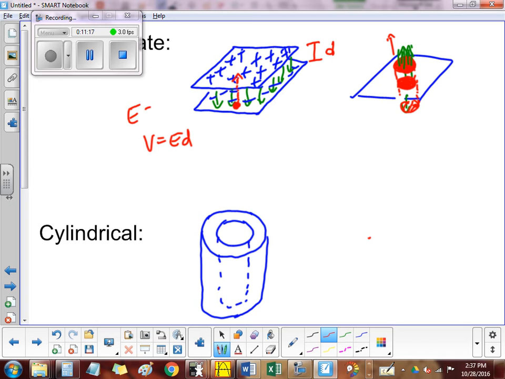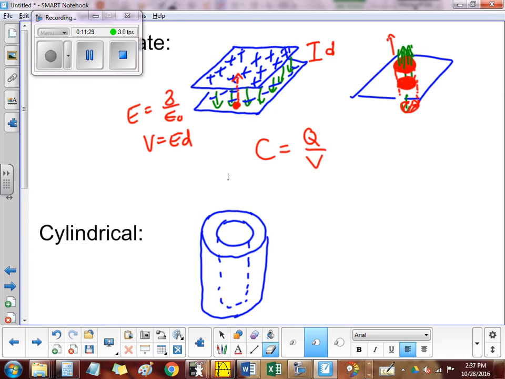We had E is sigma over epsilon naught, total E field, right? What else we got? Capacitance is ice cream cone. It looks like an ice cream cone, remember? Okay, so our goal was to find capacitance today, and we have Q over ED. That's one way to write it, Q over ED.